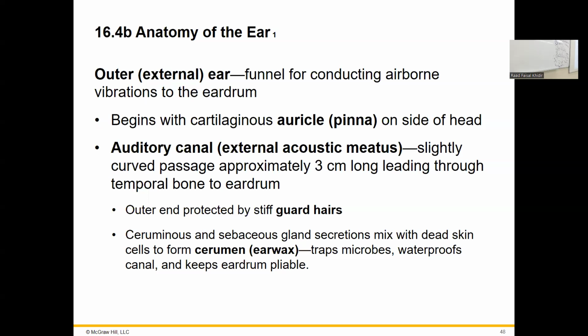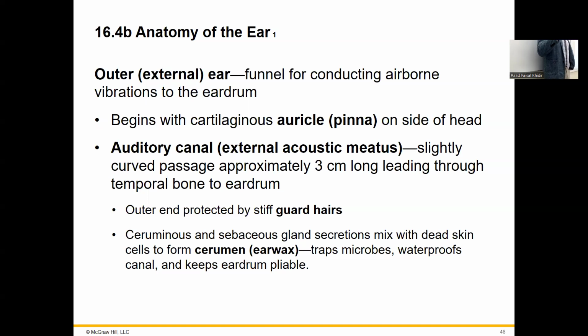Now, in order to understand how the ear works, we have to look at the structure of the ear. Remember, we said the knife is sharp, that's why it's able to cut. Had we not known that the knife is made of sharp metal, we would have never found out that it's able to cut. So let's see how the ear is formed.